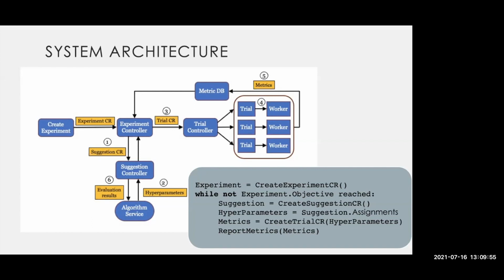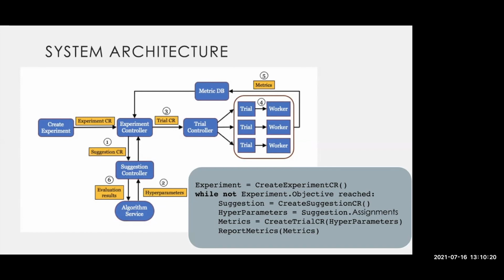The experiment controller, which is the one watching for experiments, picks up the experiment custom resource and creates a suggestion custom resource. The suggestion custom resource is based on the values you have provided in the experiment custom resource. Say, for example, the user needs X number of hyperparameter solutions.